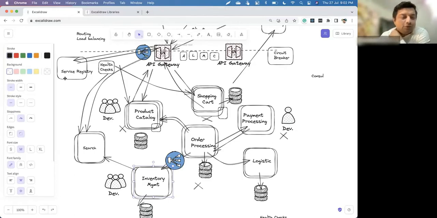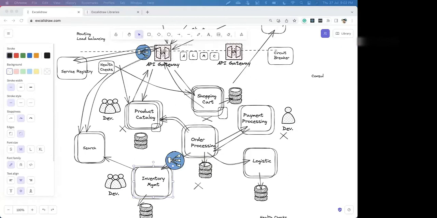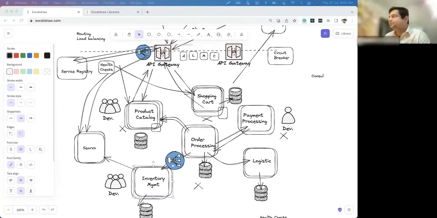You don't have to change your microservice. All these changes are done in the service registry, so that becomes very easy. You don't have to worry about the port or the details of other microservices. That's the advantage.